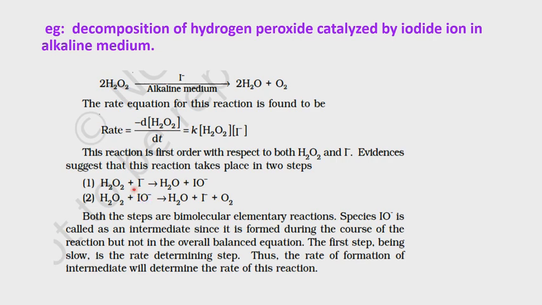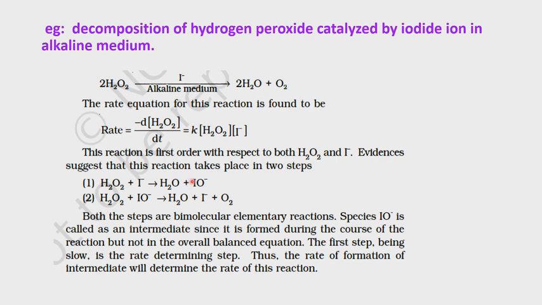Look at the first step. 2 molecules are involved. Here also 2 molecules are involved in the reaction. Look at the IO minus and IO minus. So species IO minus is called an intermediate since it is formed during the course of the reaction but not in the overall balanced reaction.